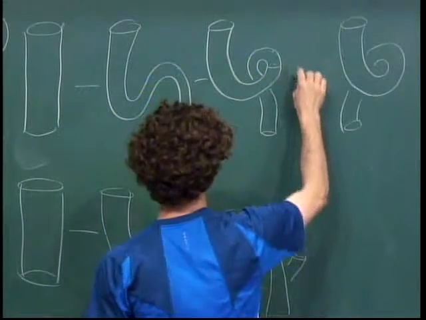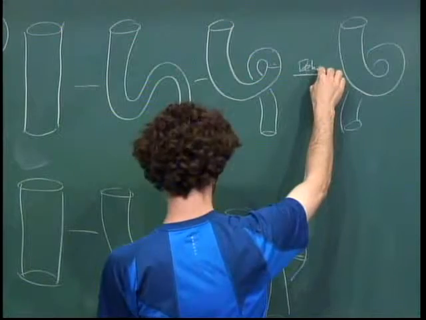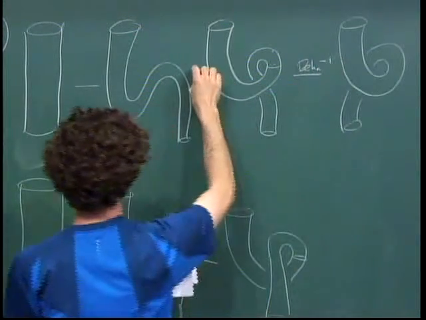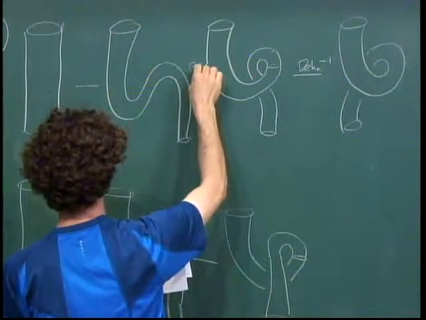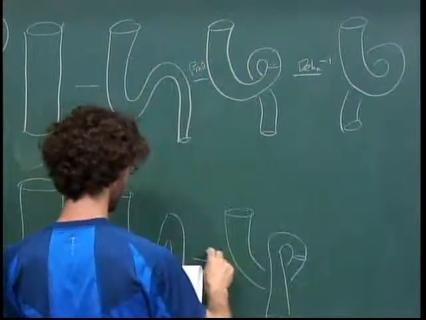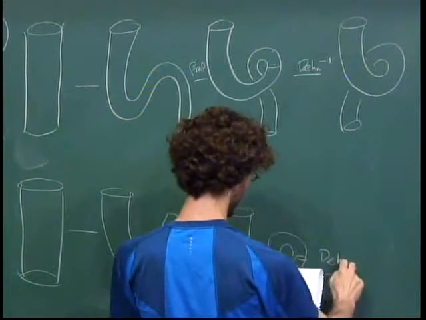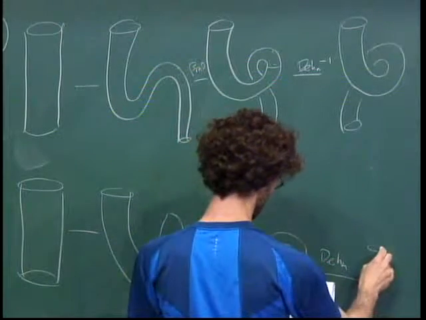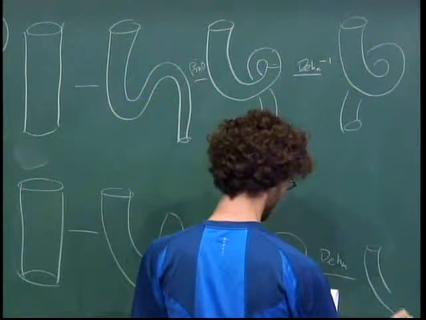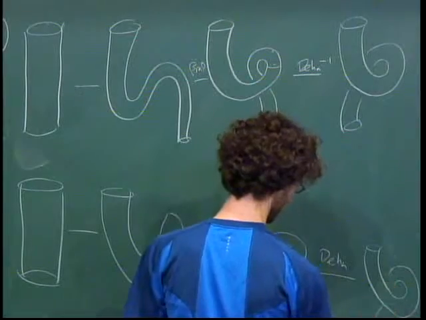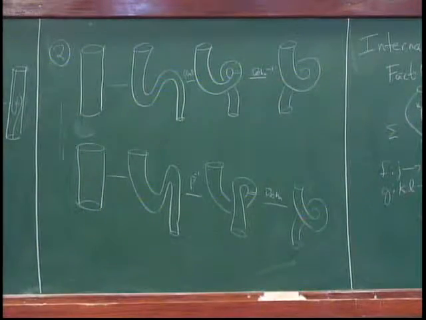So this was Dehn inverse, and this was braid. And then I do braid inverse, and then Dehn along that same circle, and I get to there. And now I need to compute.